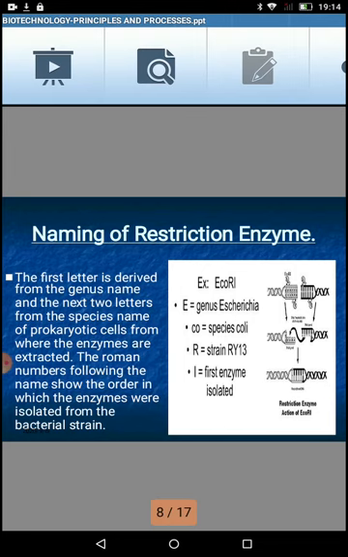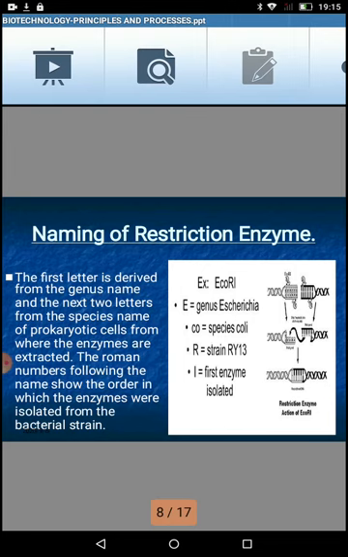So in ECO, capital R, and 1: E means the genus from which it is obtained, CO means the species from which it is obtained, R means which strain it is obtained from, and 1 means which number of restriction enzyme has been obtained from it.